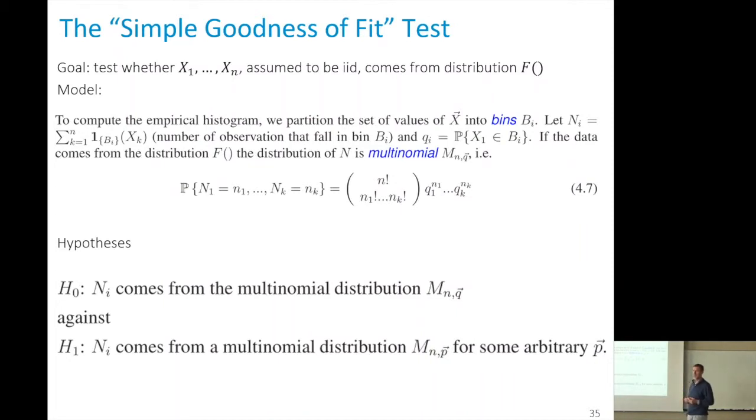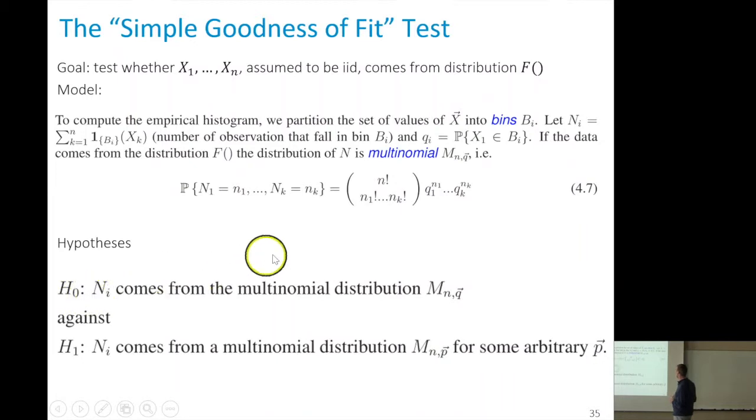So it's an experiment where, at every individual step, I have a discrete set of choices to be made, and then we count how many times we had choice 1, how many times we had choice 2, how many times we had choice 3, etc. And the counts are put in the vector n, right? And so here it's not ni, it's the vector n.